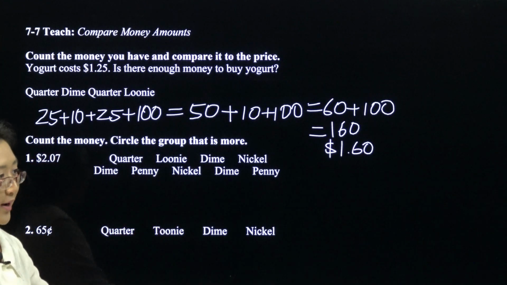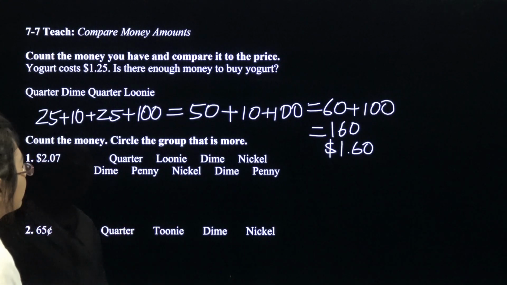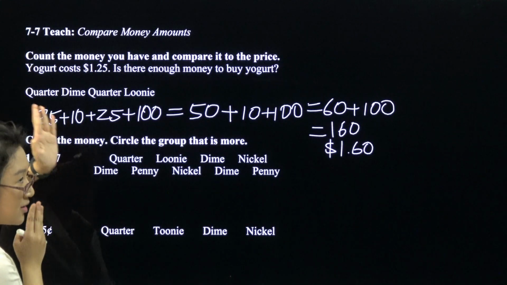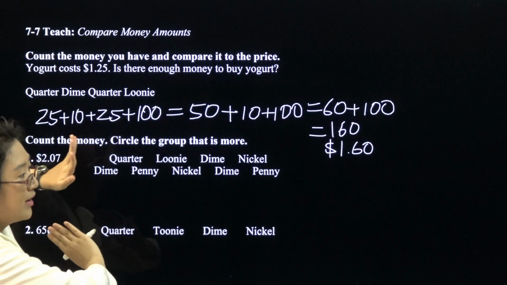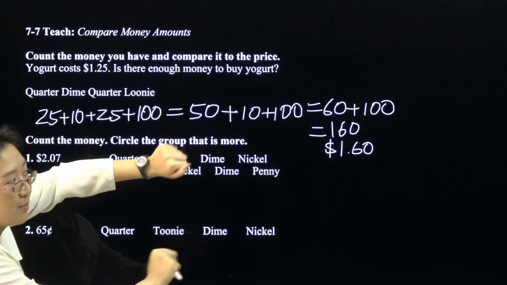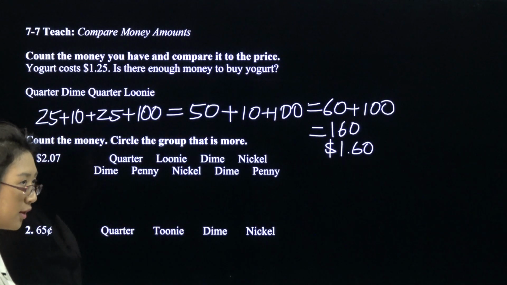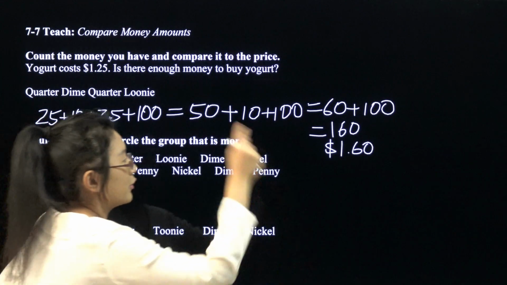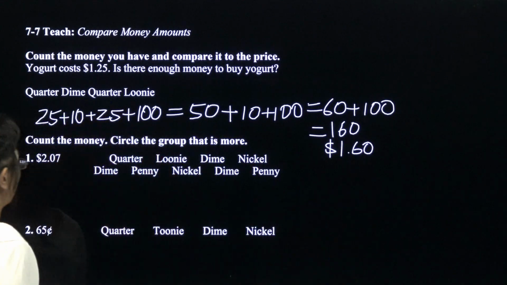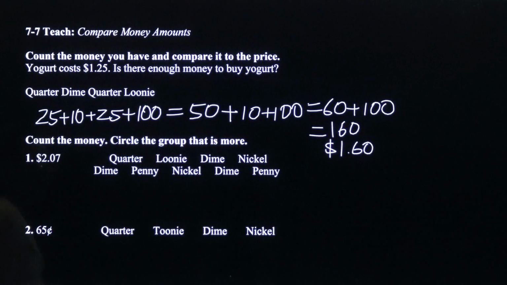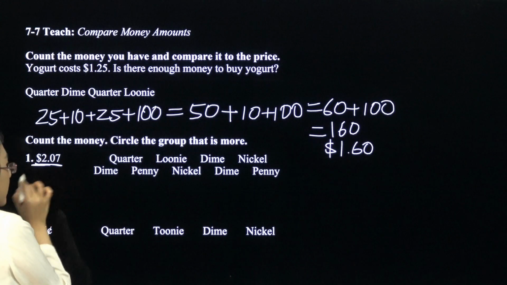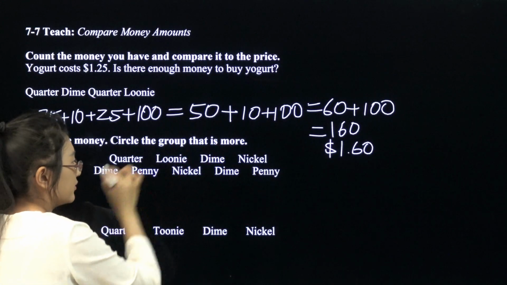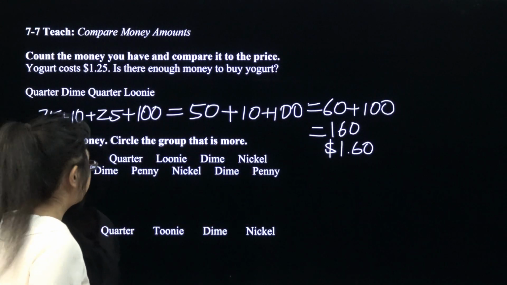Just like in comparing normal numbers, you look at the biggest place value and then you move continuously towards smaller place values. And smaller place values are to the right side of the number. Now let's count the money and circle the group that is more. Here, we already have the money here, so we have to count this blob of words.